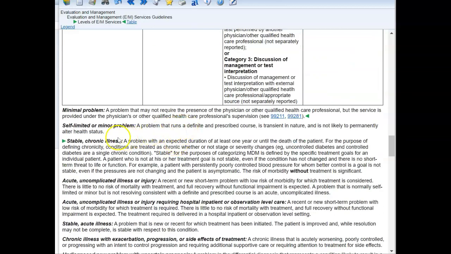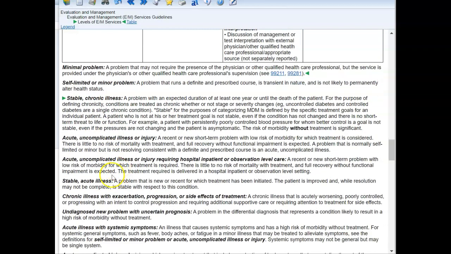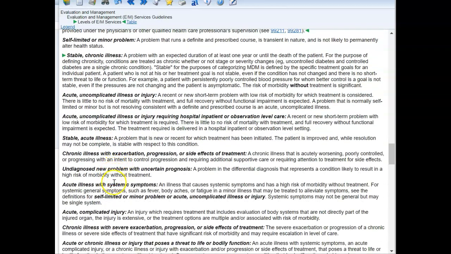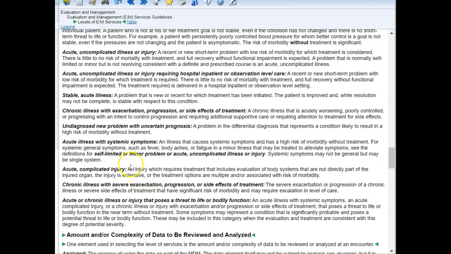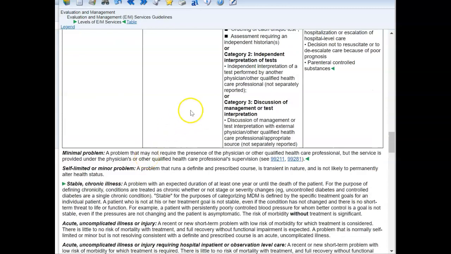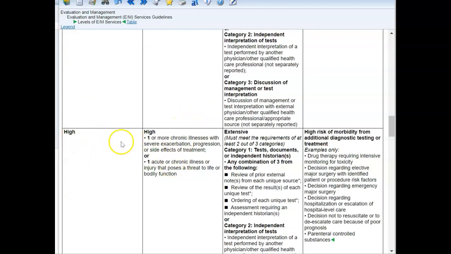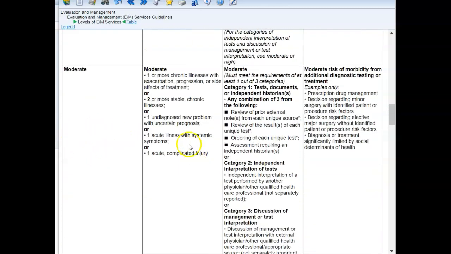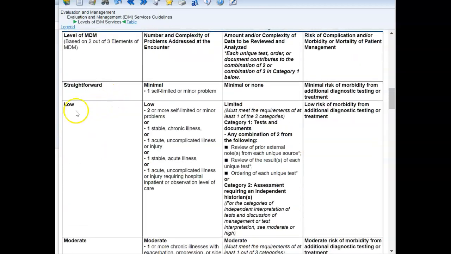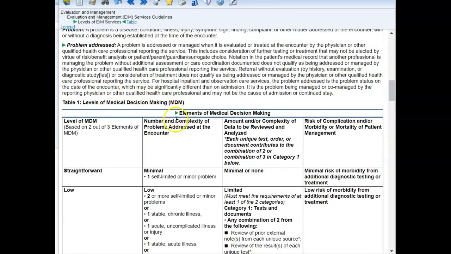So right here it tells you how we are going to figure out what's what. Make sure you read through these, and this is going to give you your diagnosis on what you should be looking at. Okay? So this is going to help you decide if it's high, moderate, or low, or straightforward with the diagnosis, complexity addressed at the encounter.